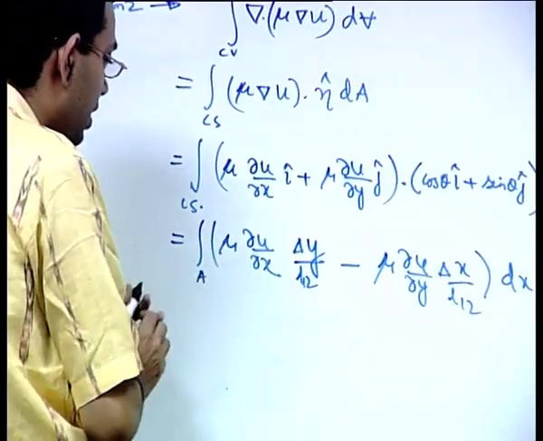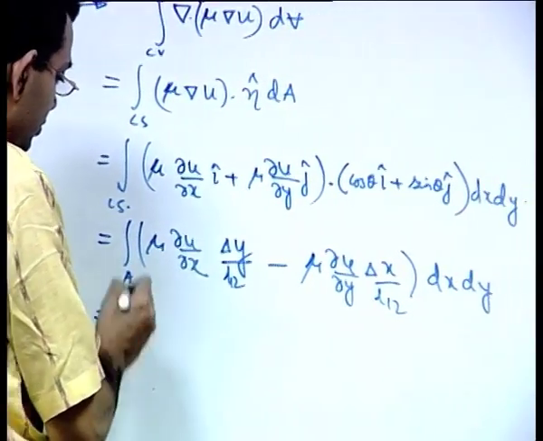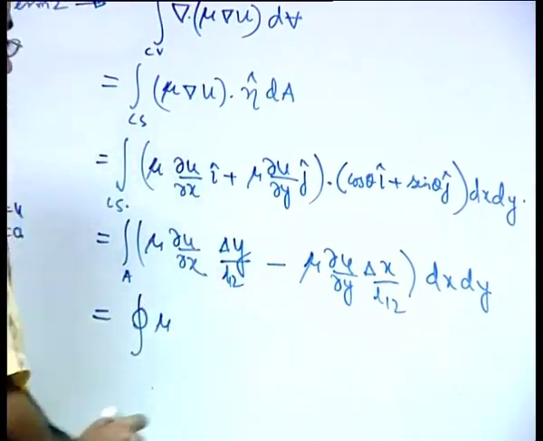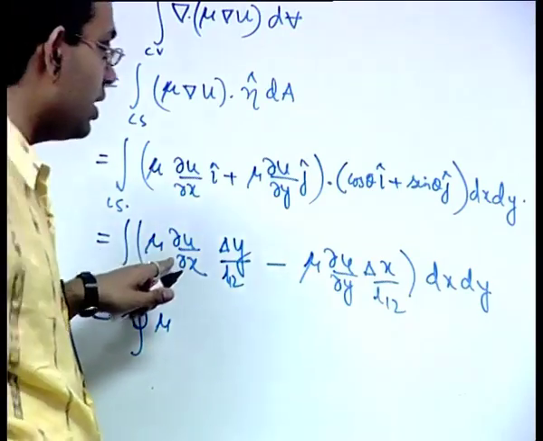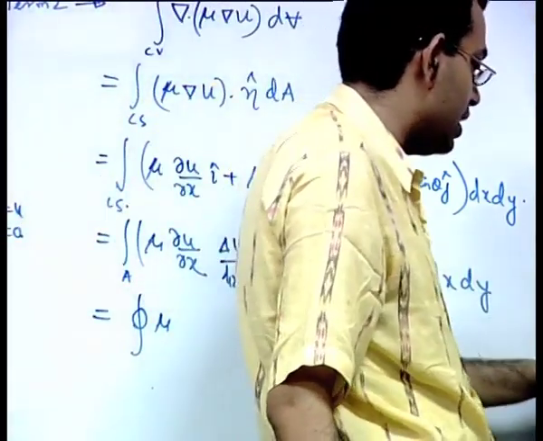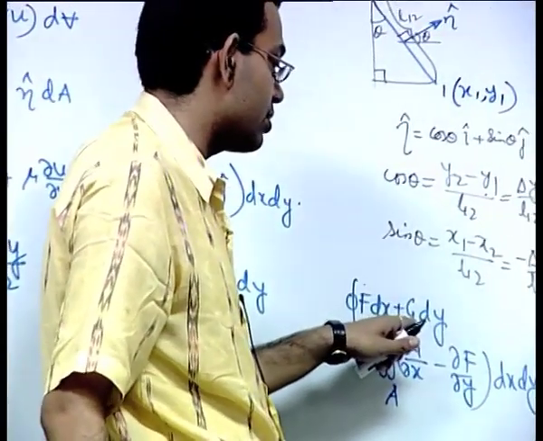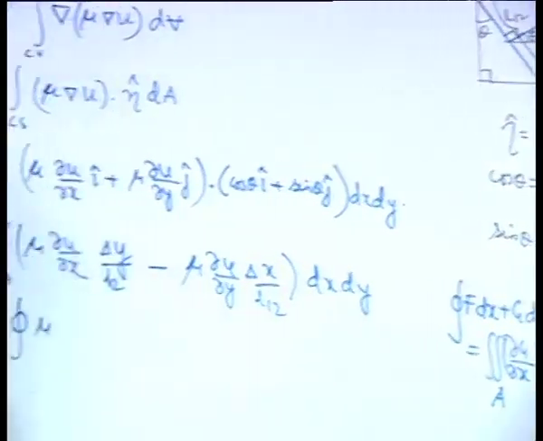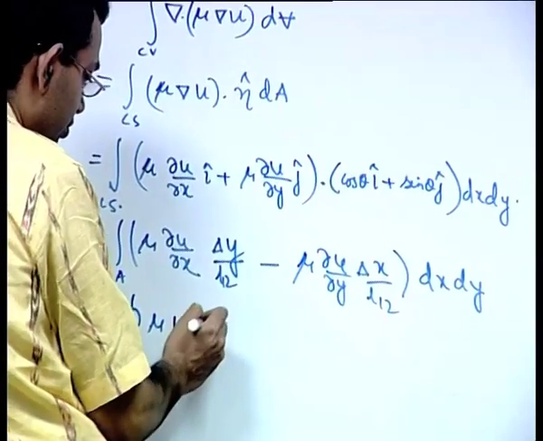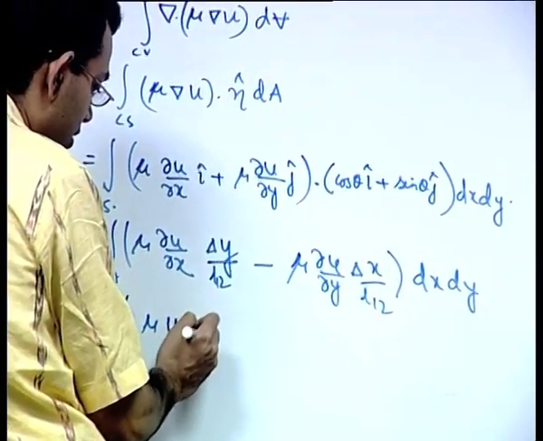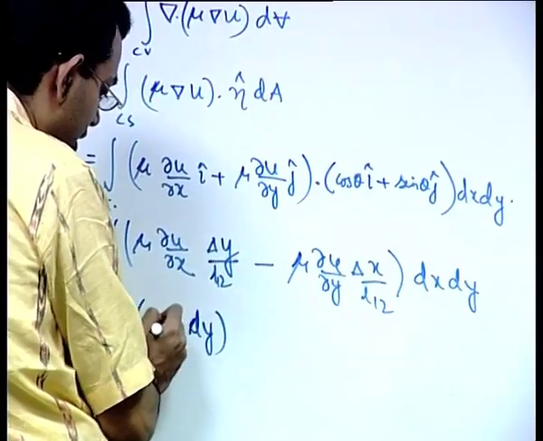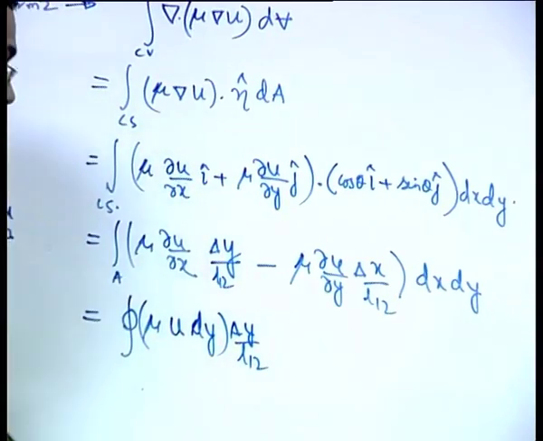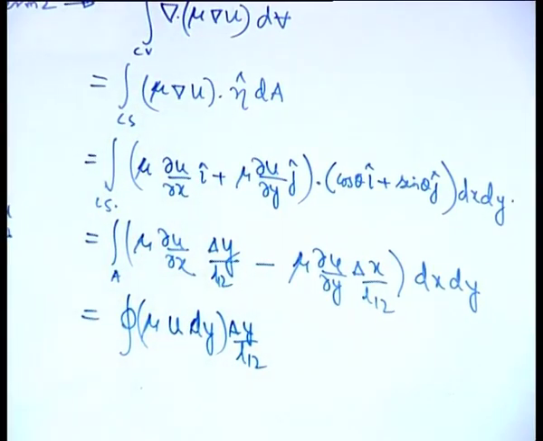This will become del u del x dx dy, like del G del x dx dy is the contour integral of G dy. So, G is equal to u. So, mu u dy that times delta y by L12. This is one contour integral.